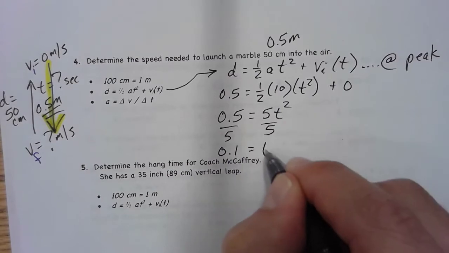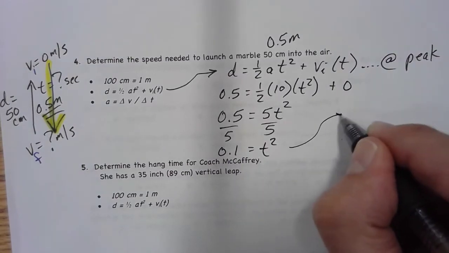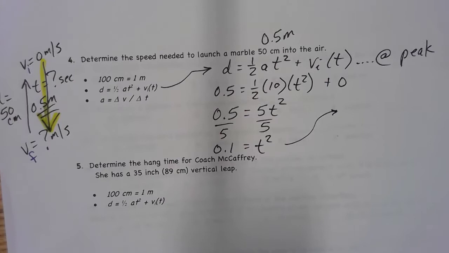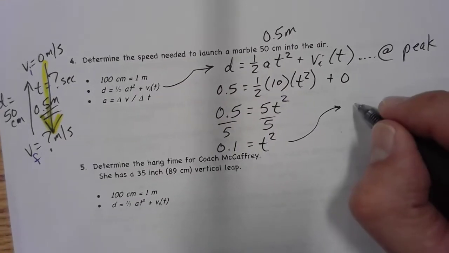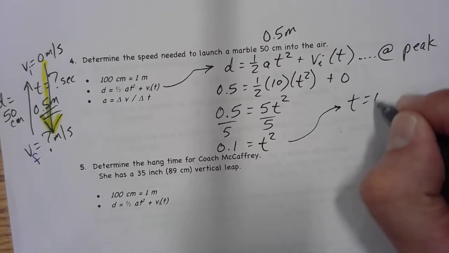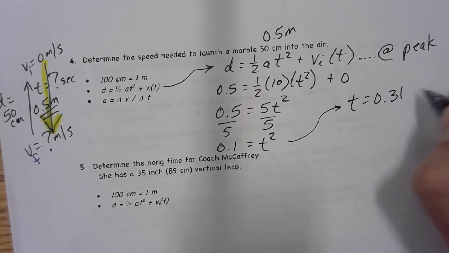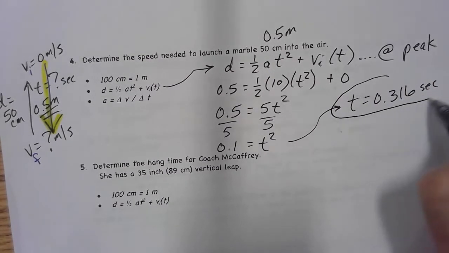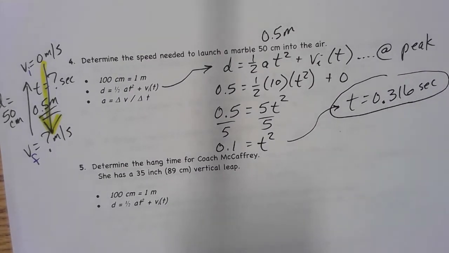Students rush through trying to do some of the algebra, and I just caution you against that. So the square root of 0.1, and this is another thing that looks weird a lot of times, taking square roots of decimals, taking square roots of fractions, it does get bigger. So okay, there's the time.